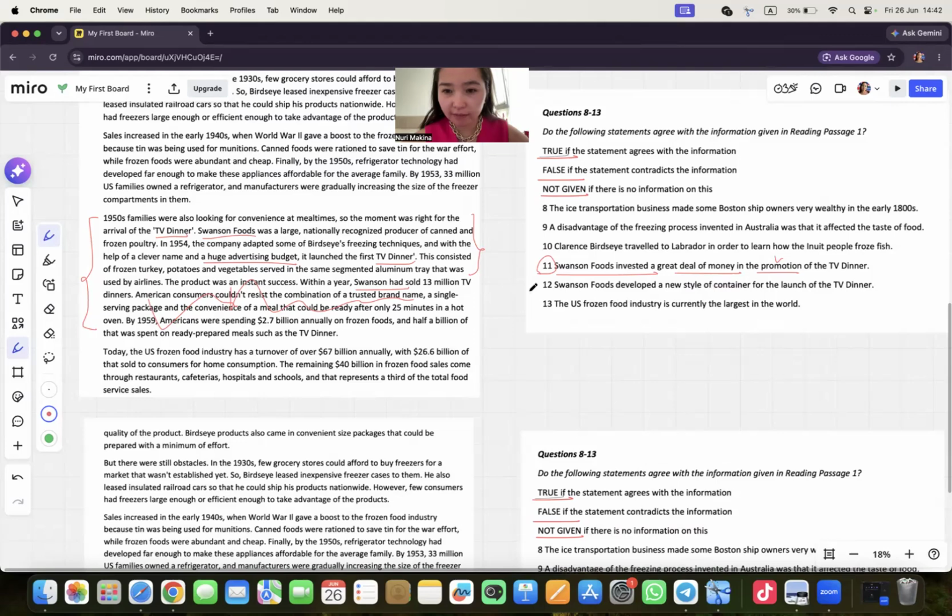Swenson Foods invested a great deal of money. Yes, because a great deal of money is the other way to say a huge budget. So a huge budget, and here we have a great deal of money and invested, which is they had it launched.